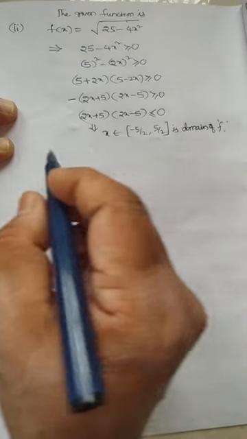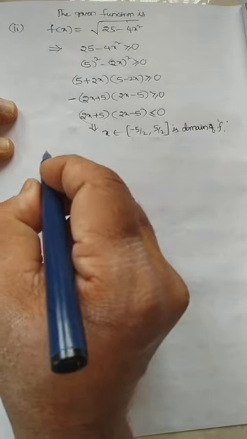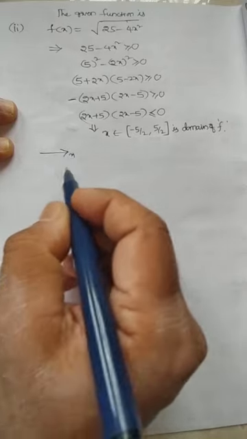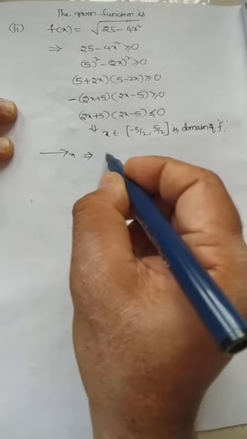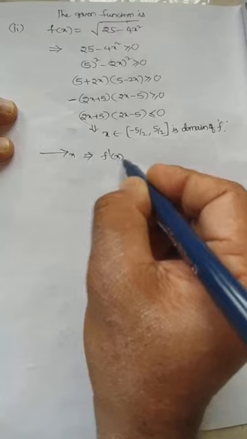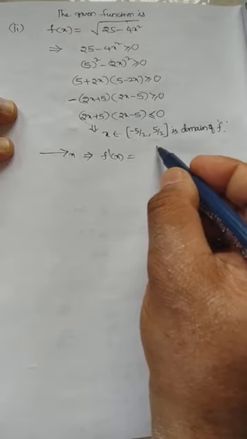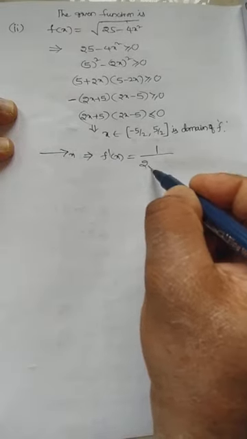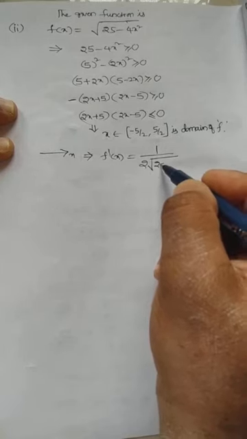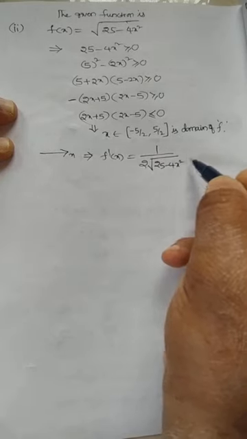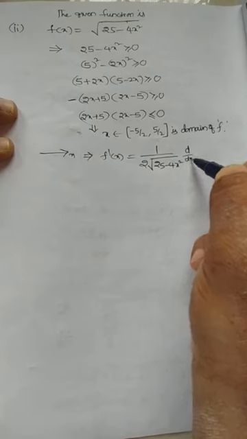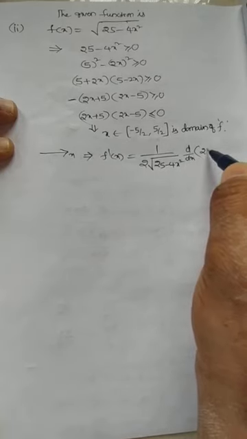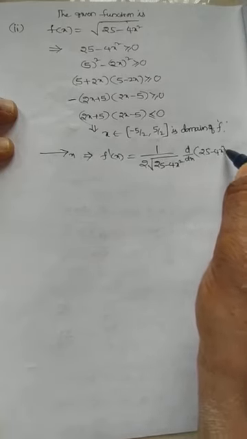Now differentiating the given function with respect to x on both sides, what could I get? f dash of x is equal to 1 by 2 into under root of 25 minus 4x square, and we have to differentiate the function 25 minus 4x square again.